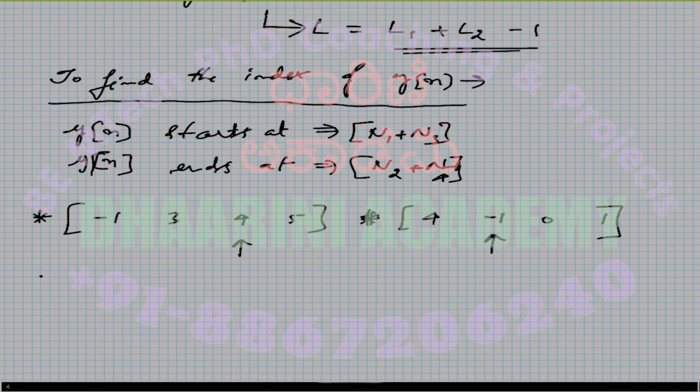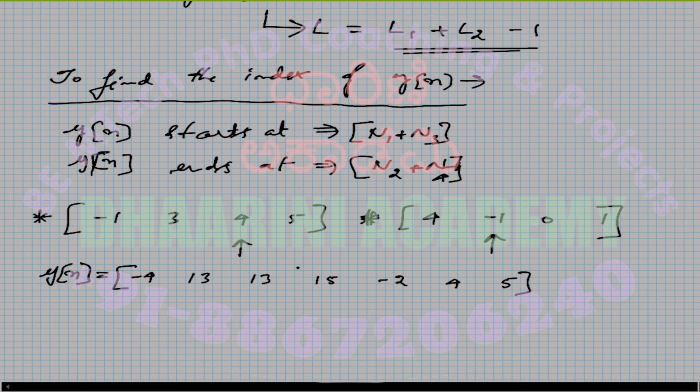I'll directly write the result. This is y of n equals to 4, minus 4, 13, 15, minus 2, 4, and 5.